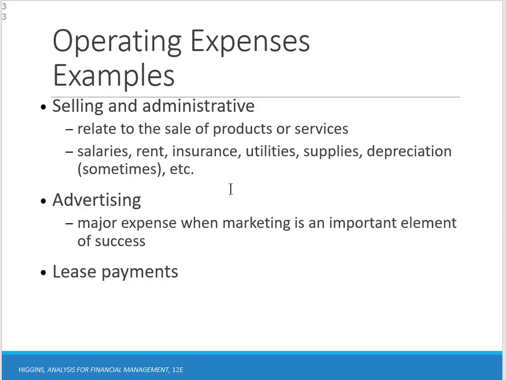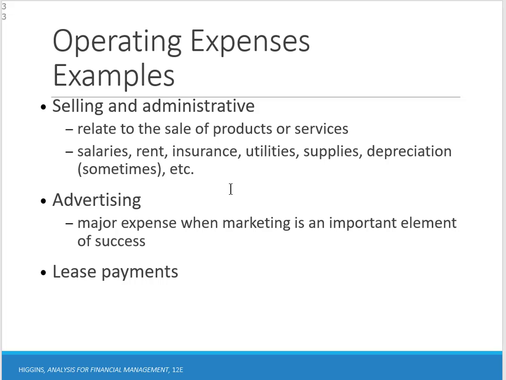Operating expenses then refer to all the other expenses of running the business: selling and administrative types expenses, advertising, leases, research and development expenses. All of these are part of operating examples.